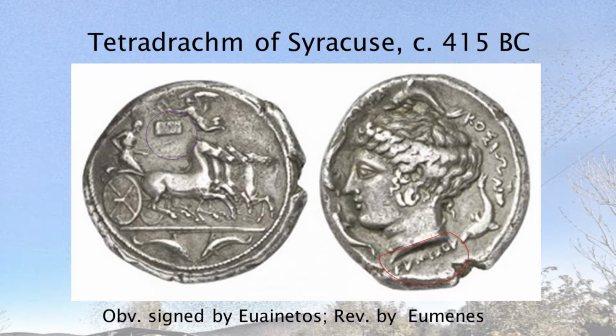And I know it's a little rough here, but it appears in a plaque held by a Nike figure. Euenetos must have been working with Eumenes, who signed the reverse die.